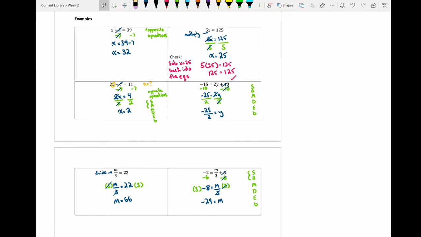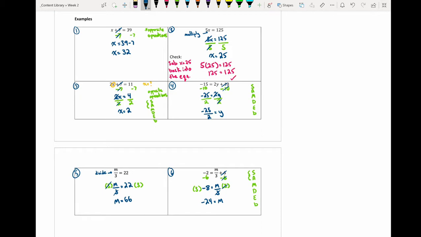If we look at the first example, the second example, and the fifth example down here, 1, 2, 3, 4, 5, examples 1, 2, and 5 are one-step equations because there's only one thing we need to do to get our answer. 3, 4, and 6 are what we call two-step equations because there are two steps that we need to do in order to solve it and get an answer.